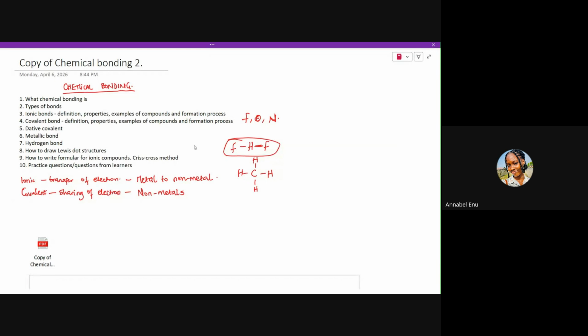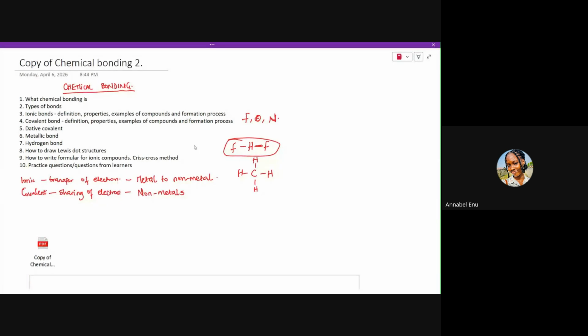Now, metallic bonding has to do with metals, a metal bonding with itself. Then hydrogen bonding has to do with hydrogen bonded directly to fluorine, to oxygen, or to nitrogen, which are more negative elements. If hydrogen is bonded directly to carbon, it doesn't mean it is hydrogen bonding.